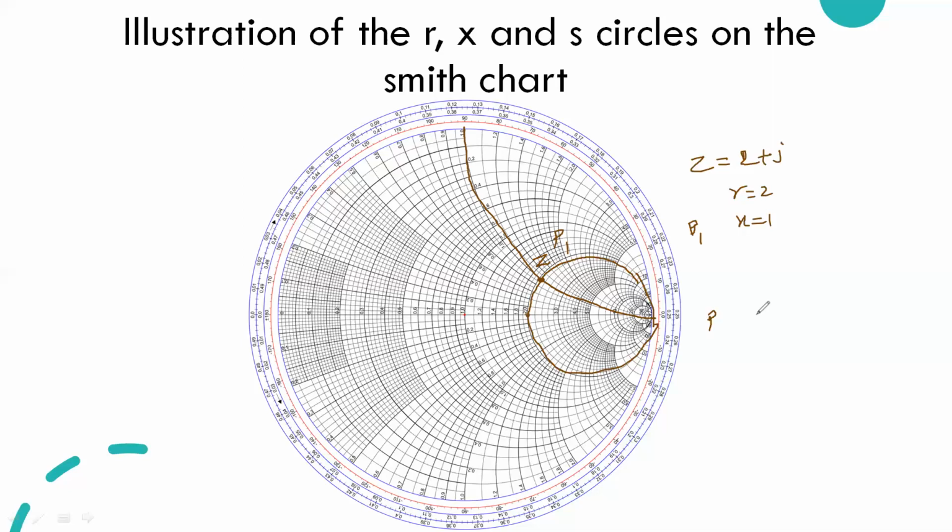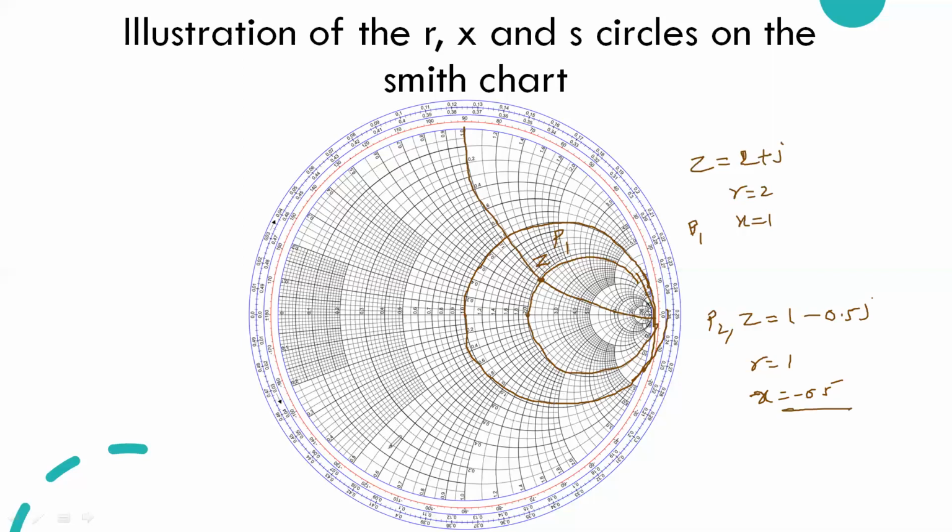Similarly, to represent point P2, let us take another example, 1 minus 0.5j. Here R equals 1 and X equals minus 0.5, which is the capacitive side. This is the R equal to 1 circle. I am unable to draw the circle properly, so try to analyze it clearly. Now, where is minus 0.5?